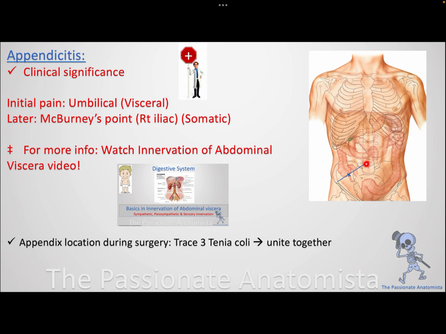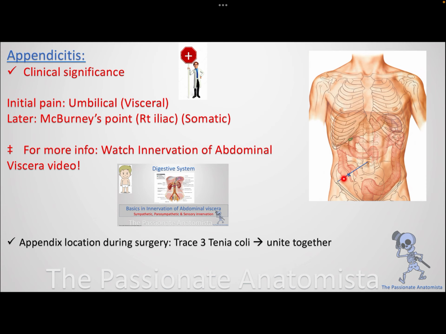a point between the 2/3 line from the umbilical region here and 1/3 from the anterior superior iliac spine, because that shows you where the base of the appendix is. So if the patient shows you severe pain in the right iliac region at McBurney's point, you would expect that this patient is having appendicitis.